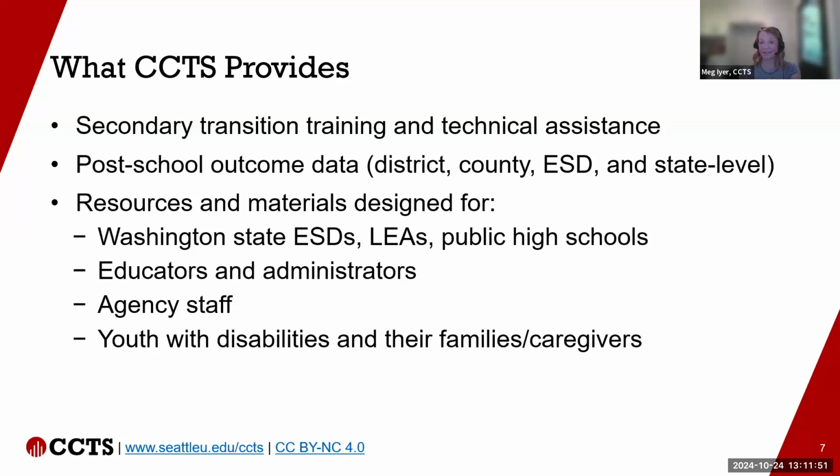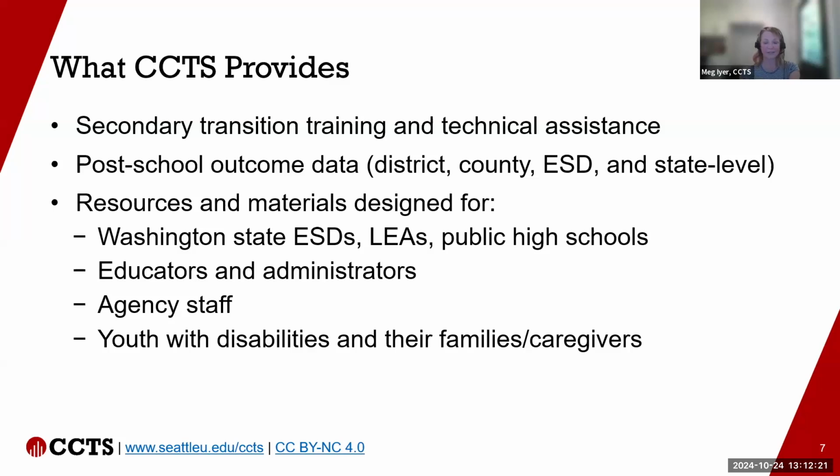CCTS provides secondary transition training and technical assistance to Washington State partnering agencies and public schools that serve high school age students. We're also responsible for managing and reviewing the district reported post-school outcome data. We submit the data to OSPI at the state level to be included in the state's annual performance report, and we make that data available to districts, counties, and ESDs to use for program improvement.